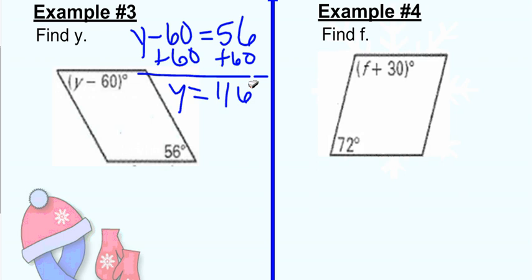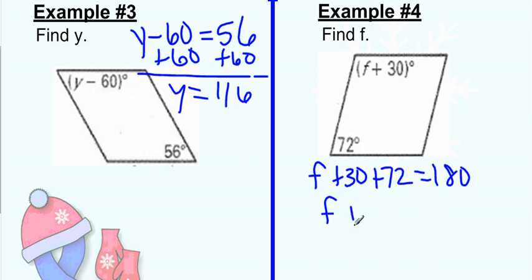For example number 4, it asks us to find f. Notice that those are consecutive. They're on the same side of our parallelogram, which means we will add them together and set them equal to 180. So we'll have f plus 30 plus 72 equals 180.